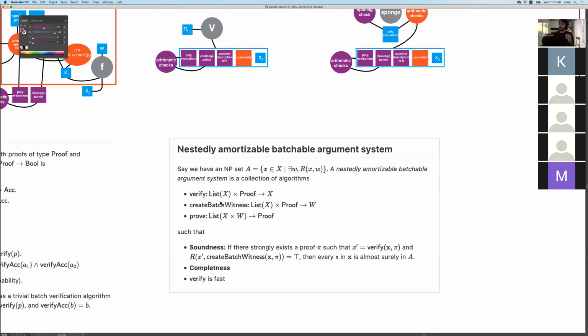So the way that it works is this instance which comes out of the verifier, you can actually produce the witness corresponding to this instance, given the same batch of statements and proof. You can produce the witness, but it will take a while for you to do that. So you'd rather not.